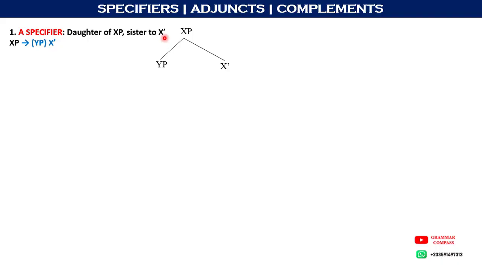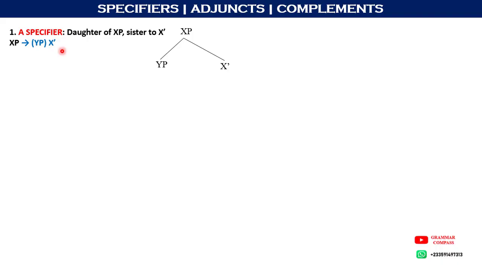Meaning, if you have a noun phrase which has a determiner and then the noun head, that specifier, that determiner, should be a sister to a bar level, and then that determiner should be a sister to an N bar and a daughter of the noun phrase. That is the specifier rule.